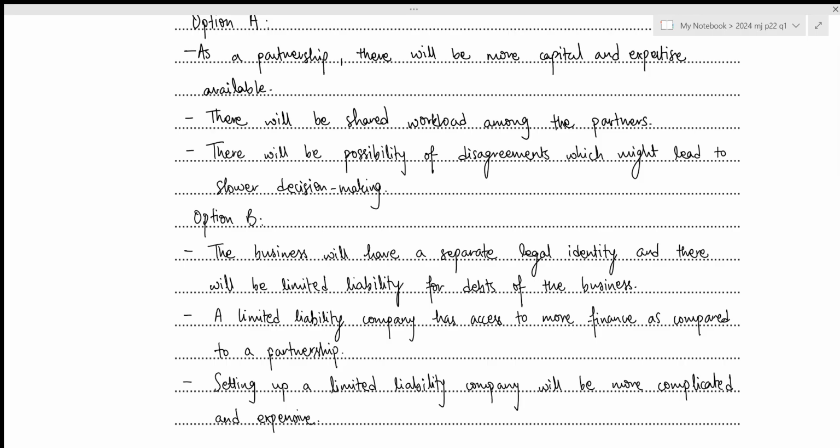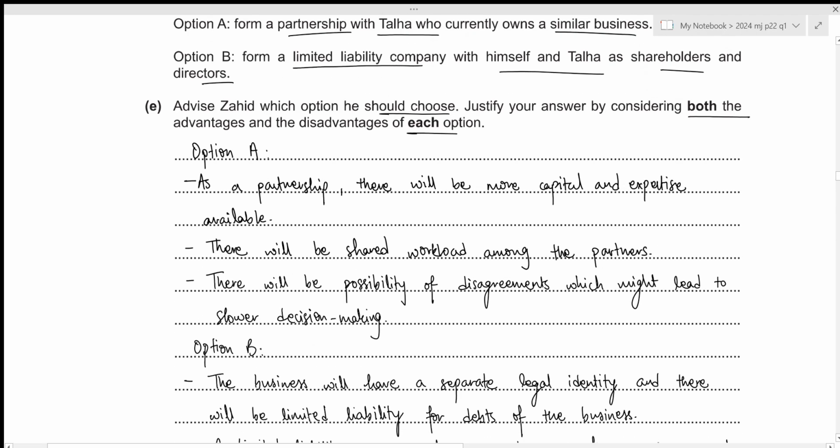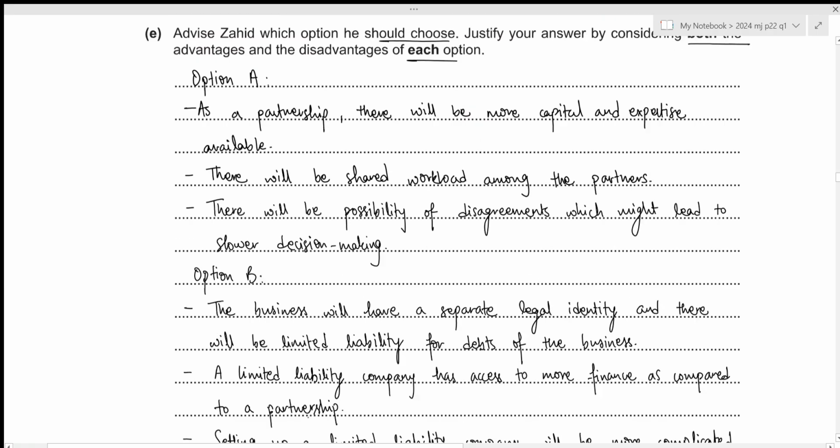Now, based on these comments, we'll have to make a final decision and advise Zahid which option he should choose. And we should also support our decision with another comment. So in this case, I would advise Zahid to go ahead with option B, because as a partner, he would have to bear unlimited liability, whereas as a shareholder, he will have limited liability. Let's write it down.